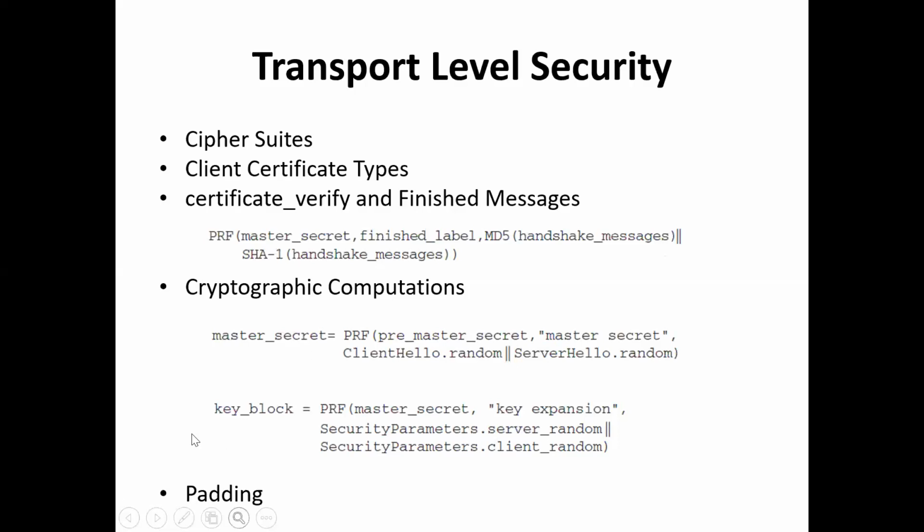Then lastly, padding. Why is padding needed? In the secure socket layer, you add padding bits before the encryption process, because we need to get the required cipher block length. At that time we need to add padding.